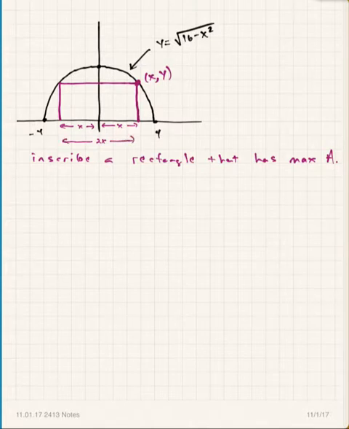And then the height of the rectangle, this dimension, would be given by the y value. So this is another place where I would want you to stop the video and see if you can work the problem, see if you can find the rectangle that has the maximum area that you can inscribe in there.